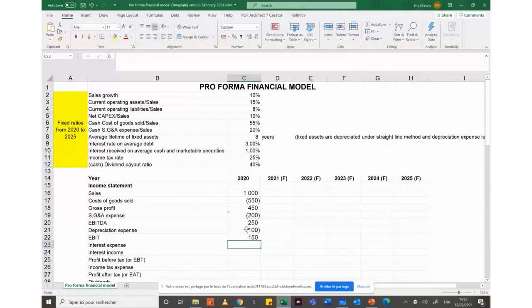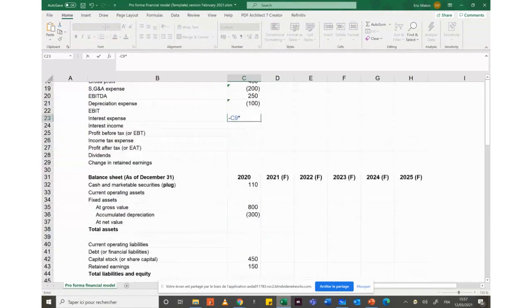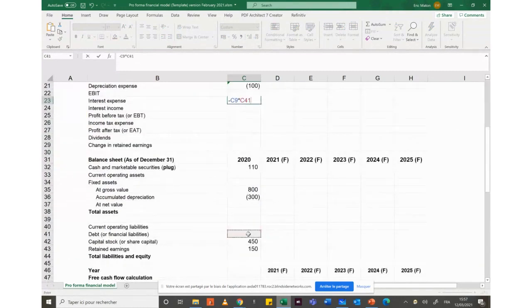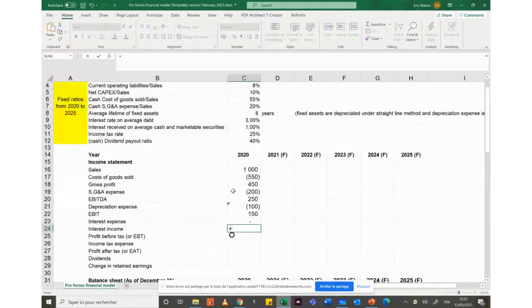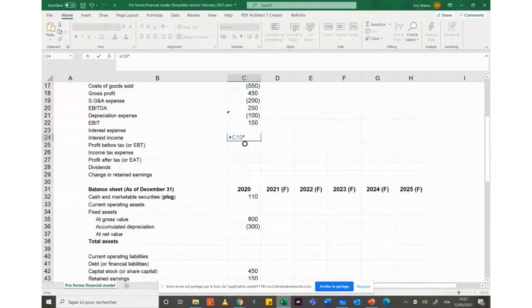Interest expense is the interest rate multiplied by the debt, this one. Interest income is the interest rate on the financial assets multiplied by this one. So the profit before tax is the sum of the three.